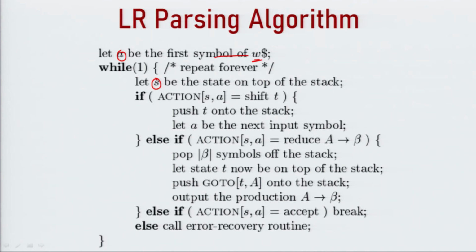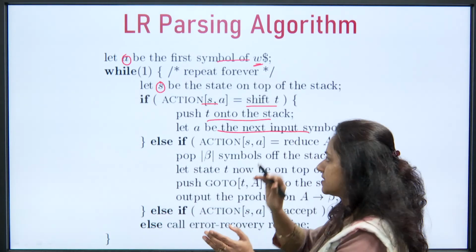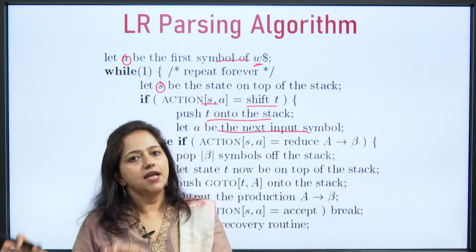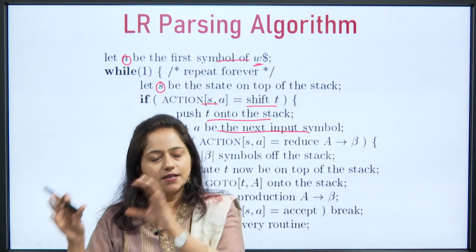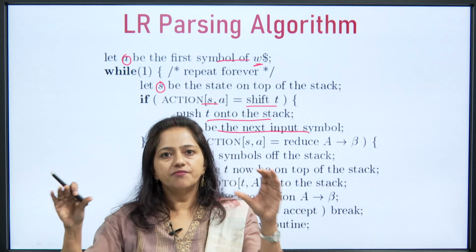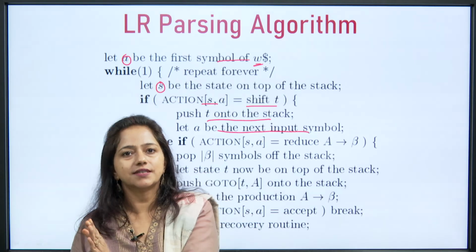Suppose the action is shift T. In that case we push T onto the stack and advance the input pointer one cell to the right. So, if a shift operation occurs, there is a change in the stack as well as the input tape: in the stack we push one symbol, and on the tape we advance the input pointer one cell to the right.